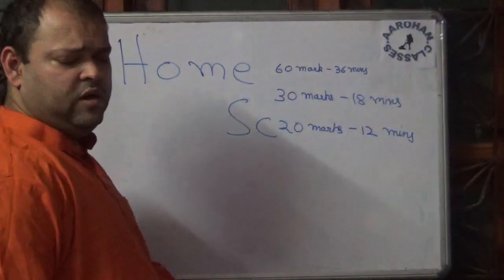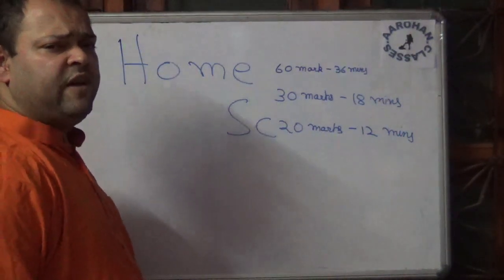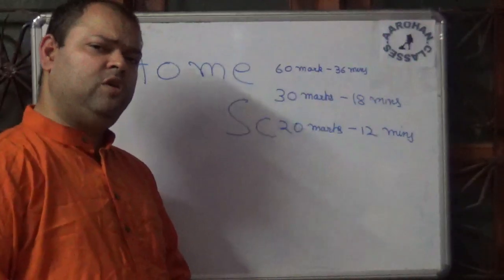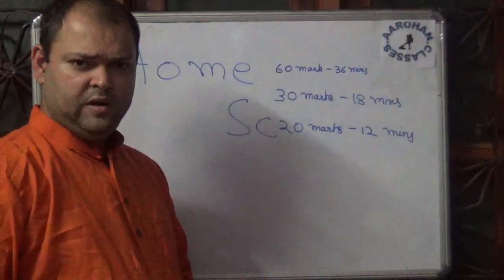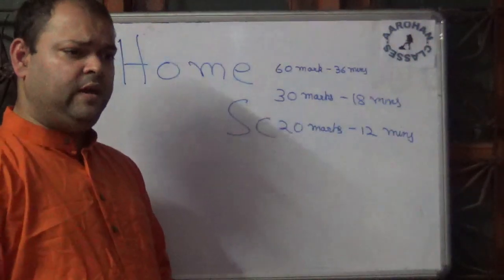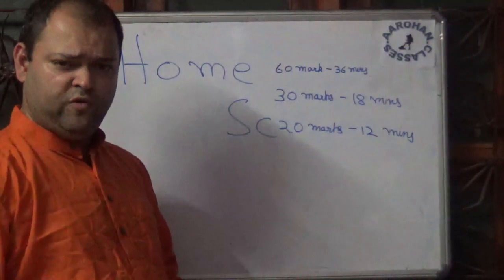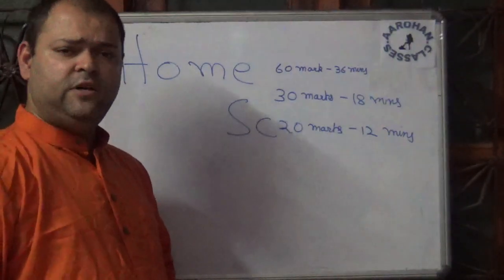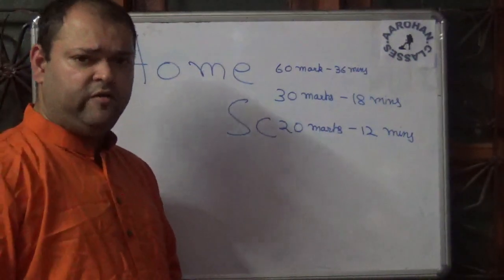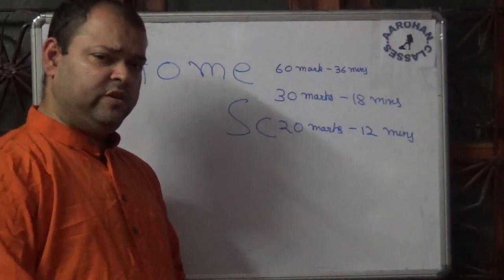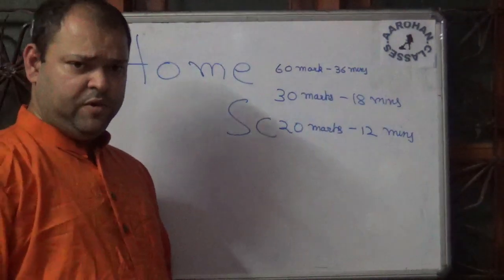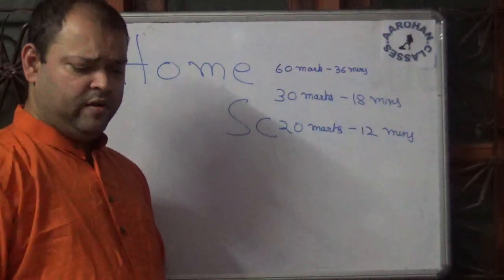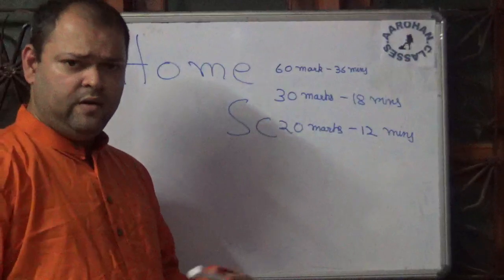Generally, in very few cases, you will get 10 and 5 mark question, but I would recommend that if you have the option of a 60 mark question and other questions in bits, like 3 questions for 20 marks each bit, or 4 questions for 15 mark each bit, or 12 bits for 5 marks each, avoid those kind of questions. You go for that question which has 60 marks. Okay, because there will be a direct connect in that question. You can do better, you can draw figures and all, and you can get better marks.